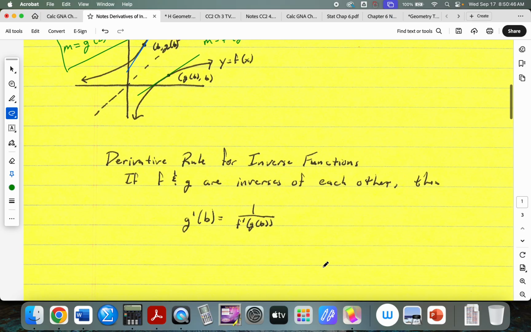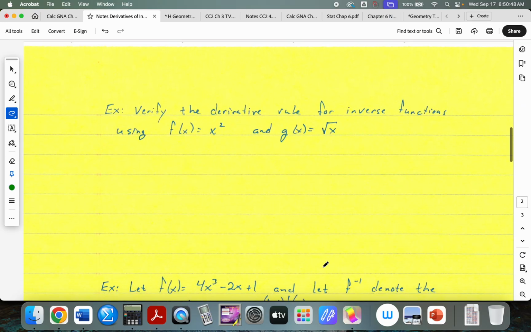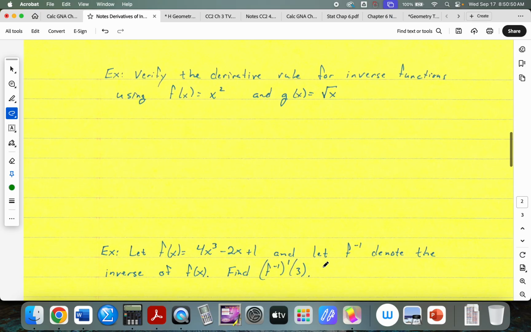All right, so let's verify the derivative rule for inverse functions using f of x equal to x squared, and g of x equal to the square root of x. So f prime at a, we already know what that's going to be, but let's pretend that we didn't know how to take the derivative of x squared for just a moment.